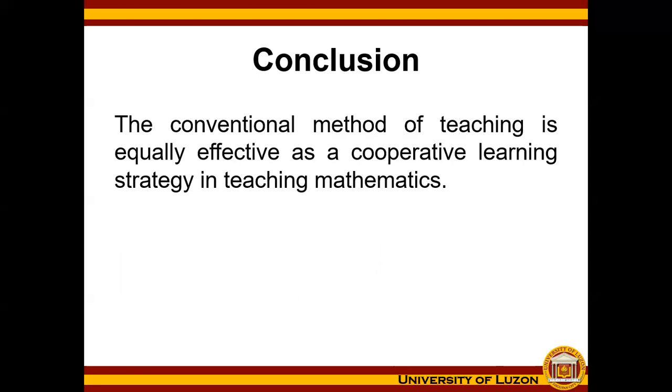So this particular study, by the way, has to do with determining the effectiveness of the conventional vis-a-vis the cooperative learning strategy in teaching mathematics in order to improve the performance of the students. So it was found out that the conventional method, based on the findings, is equally effective, right? So that's how you'll have to draw your conclusion.